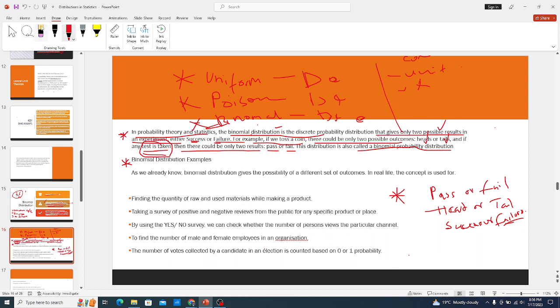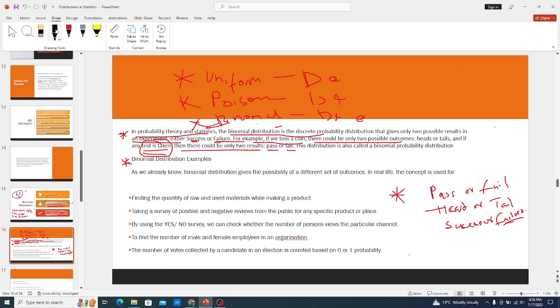Let me give you an example, a good example. Let's assume maybe you are a basketballer, and we have the basketball pitch. Here you are, and you have the ball. So we want to make some counts.